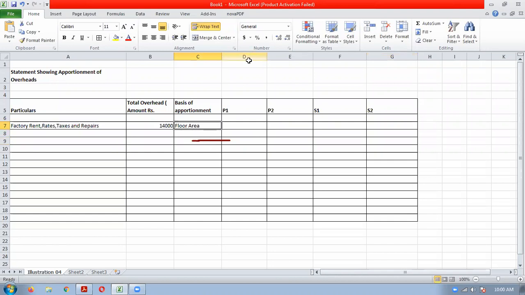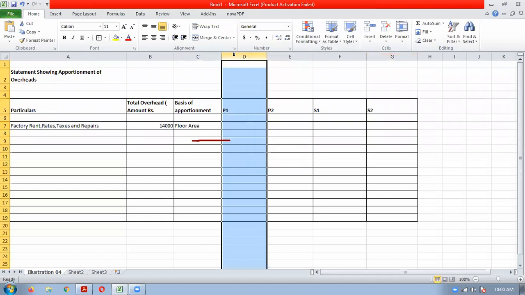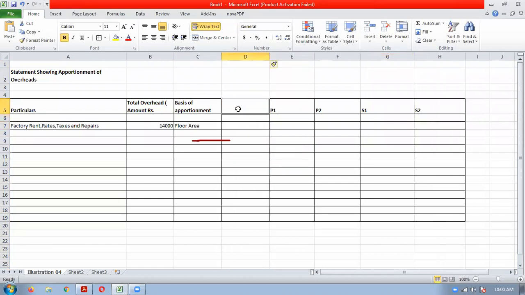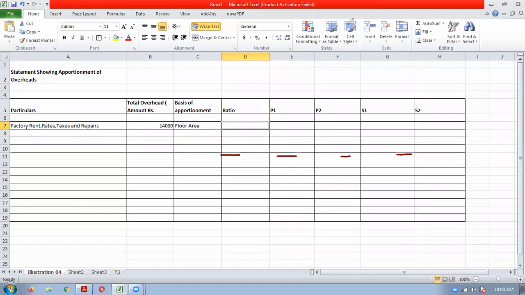Now, if you want, you add one more column, ratio. Ratio is simple. See, floor area for each department is given: 5,000, 4,000, 3,000, 2,000. So ratio will be 5:4:3:2.